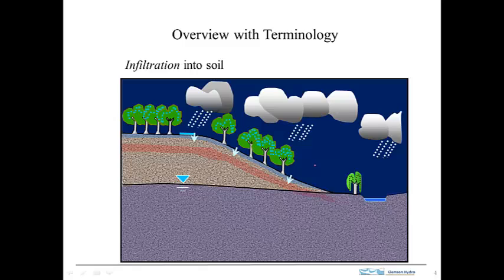So the intercepted water is held out of play from the cycle, but with continued rainfall, the rain makes it through the trees, reaches the ground surface, and starts to infiltrate. We have this little surface layer here where water is infiltrating. And by the term infiltration, I mean water that is crossing the ground surface.